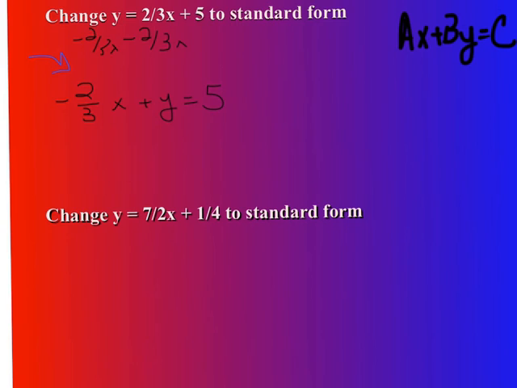I only have 2/3 in this, or negative 2/3 in this case, and multiply the entire thing by the common denominator, which in this case would just be 3. So I want to multiply everything by 3, which in this case would just cancel out for the x, so I'd have negative 2x plus 3y equals 15, and now my equation is in standard form. So try this next one on your own.